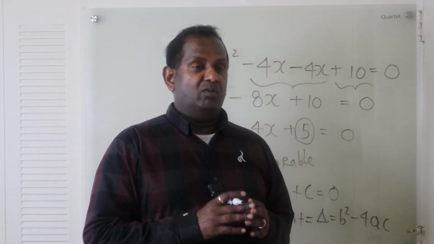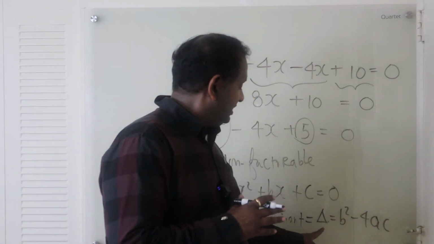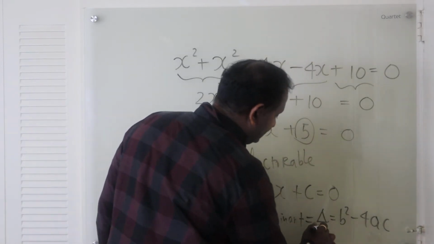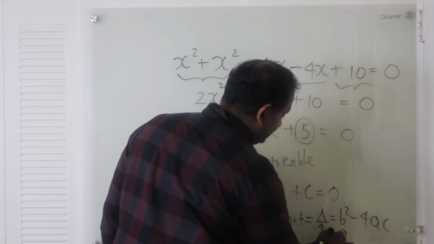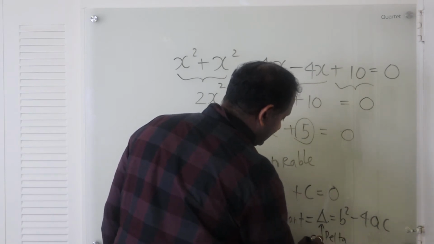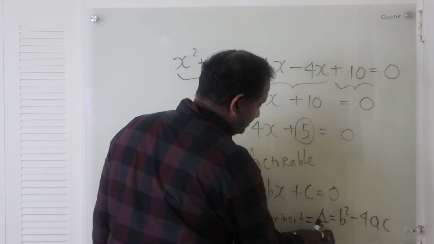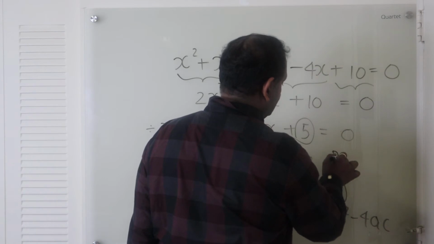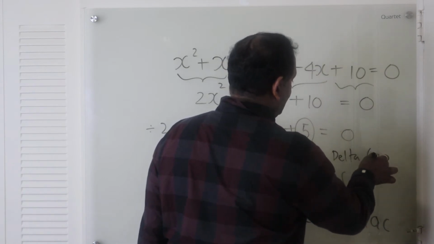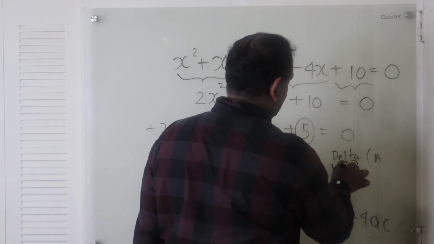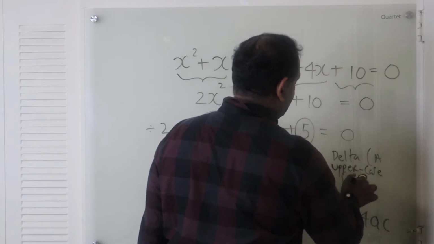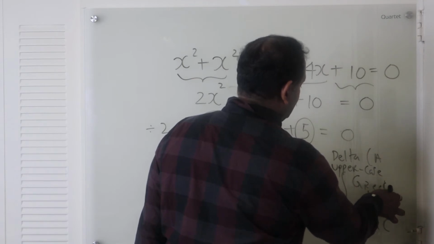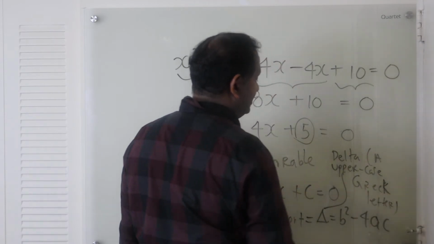This symbol is delta, an uppercase Greek letter used to denote the discriminant.